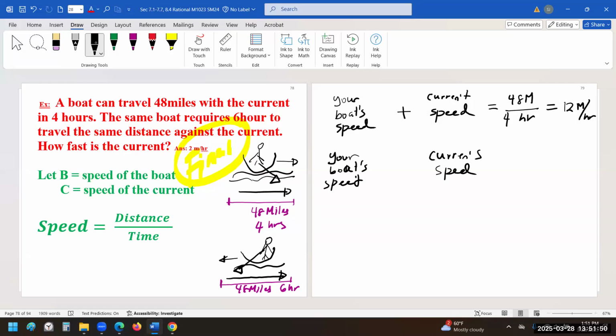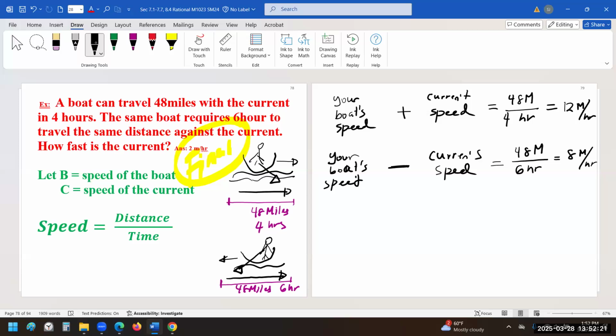Are you going with it or against it? Against means what sign, plus or minus? Right, minus, because one is pushing this way, the other is pushing that way. So we have a friction, which is a minus. Crossing the still same 48 miles, but this time it takes 6 hours, so 8 miles per hour.